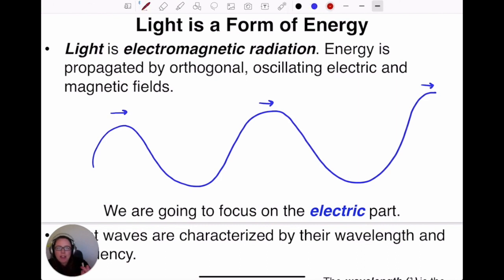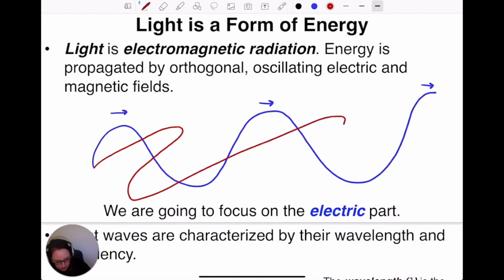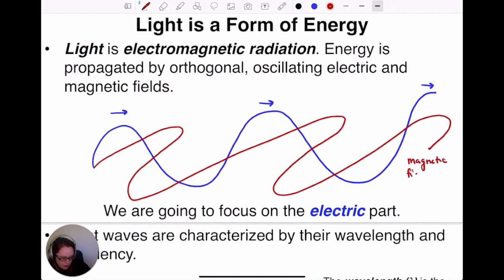Then perpendicular to this light that we can see, there's also a magnetic wave or a magnetic field that has the same overall profile, but is tilted at 90 degrees. So this is our magnetic field. Okay. And this is going in and out of the plane of the paper.